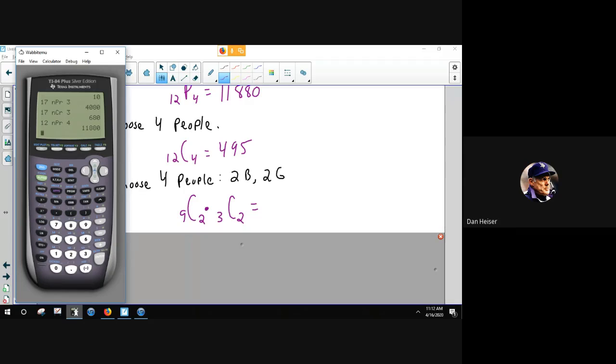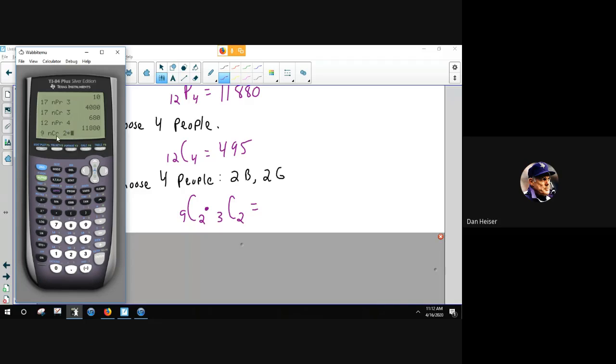I'll go back to this calculator so you can see what that looks like. 9C2. As soon as I push multiply, the TI understands that this is one calculation, so you don't need parentheses.